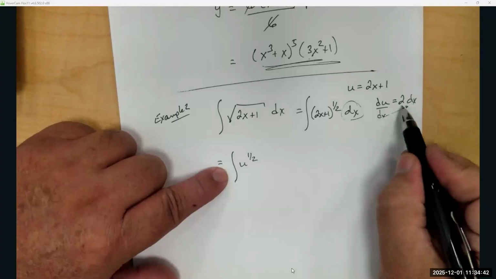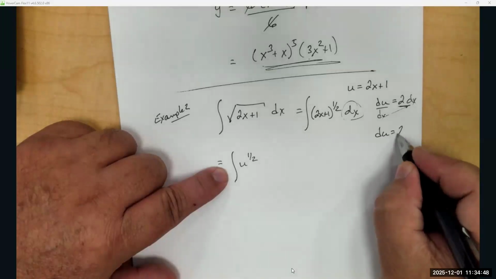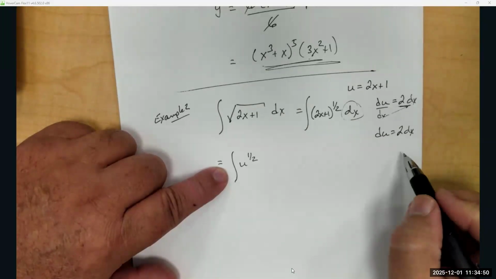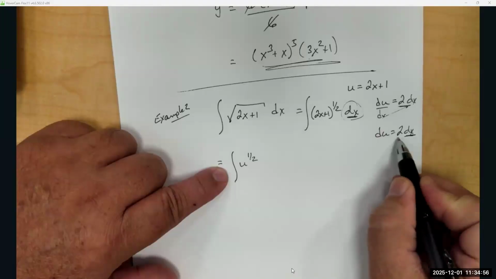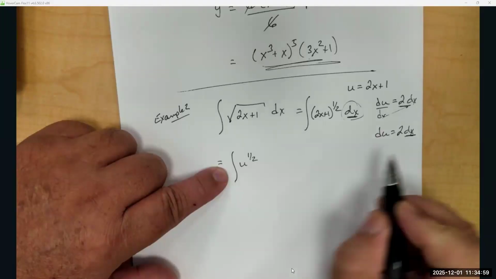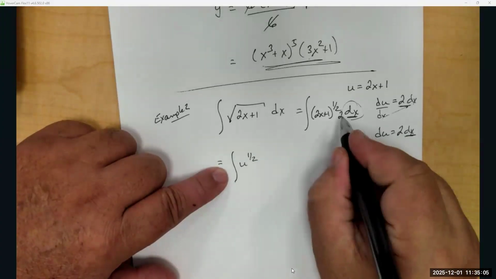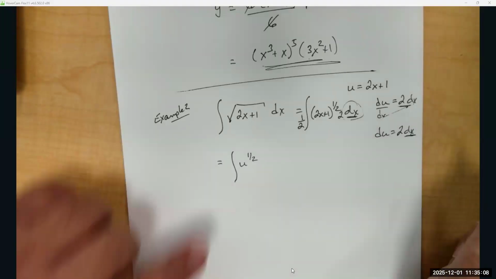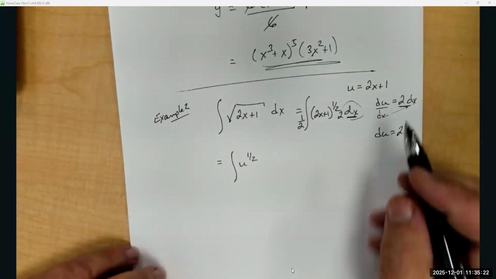Well, we have dx. We need to have a 2. Do we have a 2 dx anywhere? Because du is 2 dx. What's missing? We have a dx. Do we have a 2? Nope. But we can just put a 2 there. If you put a 2 inside there, we can counteract it by putting a 1/2 out in front. So if you ever have to input a constant number inside the function, you have to put the opposite of it outside. Let's see what that looks like.